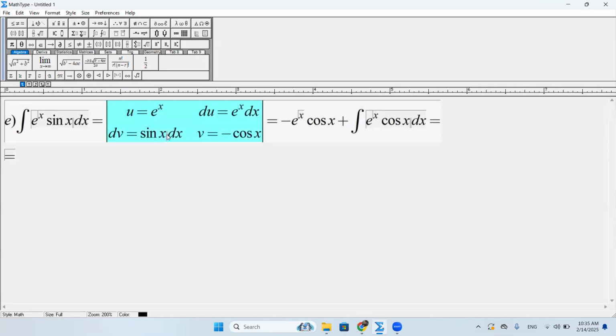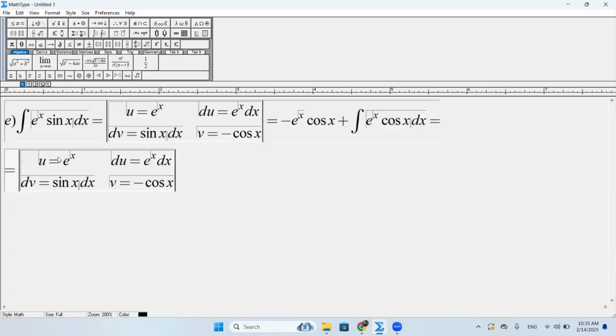So again, u will be the exponent, so nothing changes for this row, and for v, dv equals cosine of x dx, and v equals sine of x. That's important, which you take the first time.